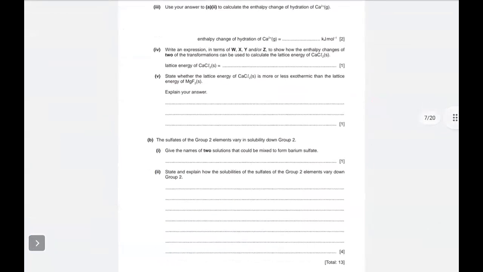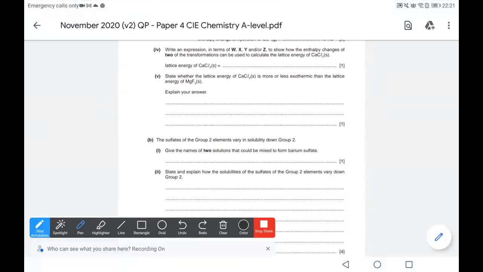State whether the lattice energy of calcium chloride is more or less exothermic than the lattice energy of magnesium fluoride. Let's only think about the cation. Cation charge density is higher in Mg2 plus. Charge density depends on two things.